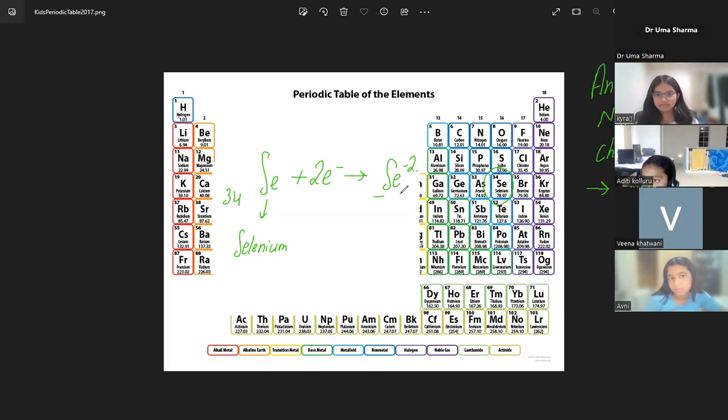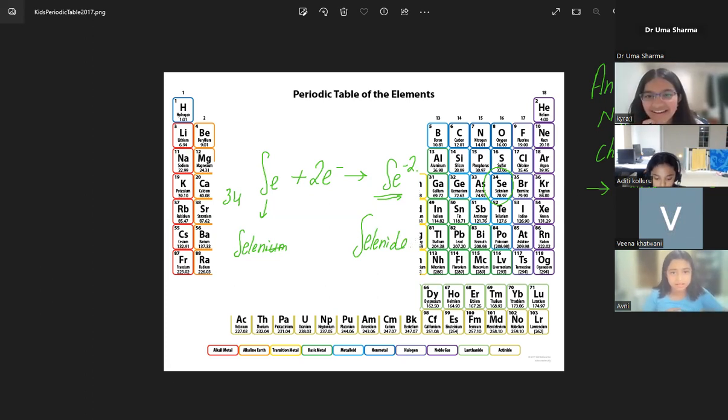This is not selenium. What is it? Selenide. Replace "em" by "ide." No, suffix.